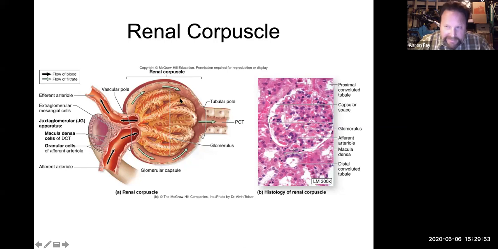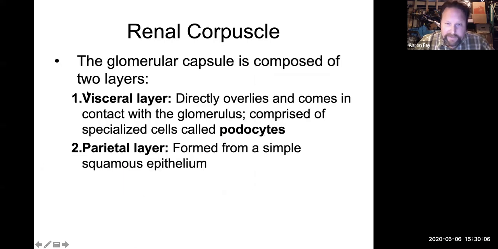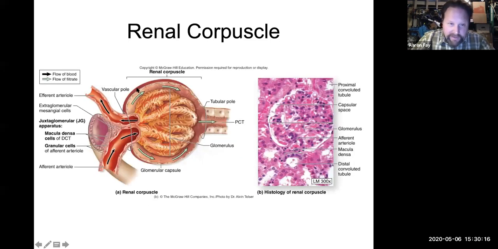So ID cell, podocyte. ID layer, that would be the visceral layer of the renal capsule. The parietal layer is formed by simple squamous epithelium. That's that outer covering. That outer covering here is the parietal layer of the renal capsule.